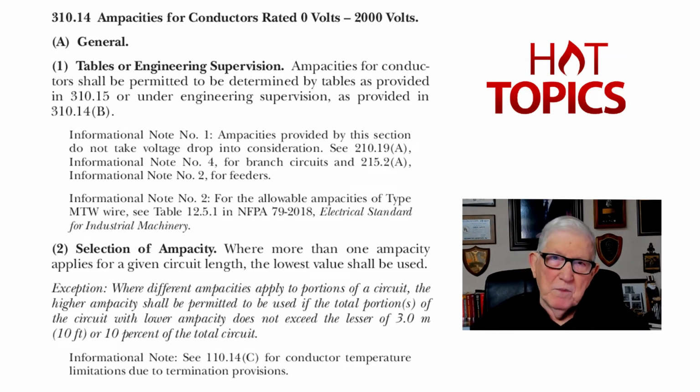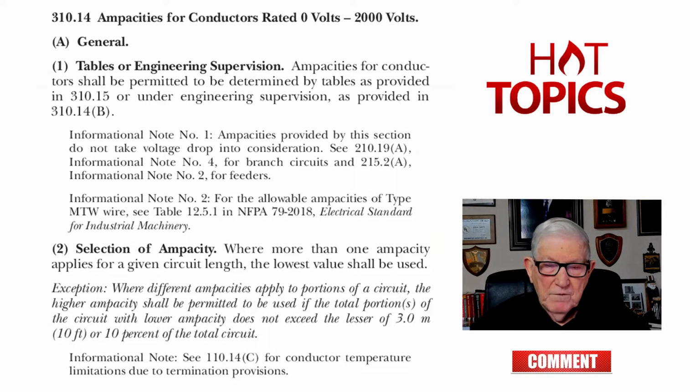And when we look at page 157, we would look at 310.14(A)(2), title head, selection of ampacity. Now, paraphrasing that, we would take the lowest ampacity if we have to derate and reduce the ampacity of the conductor.